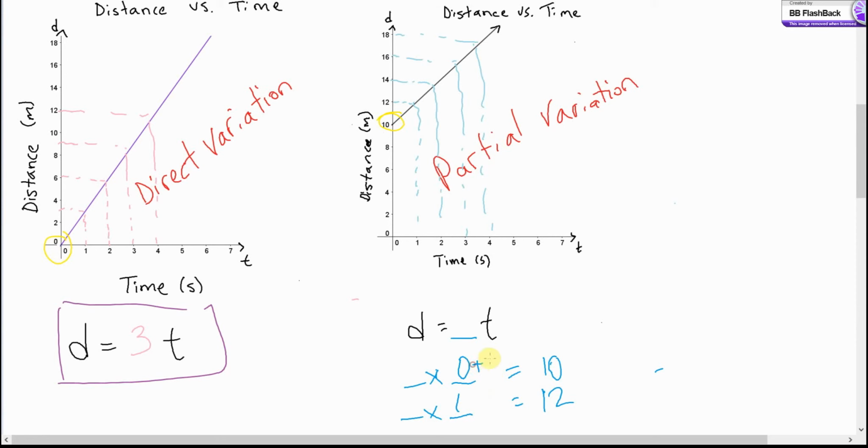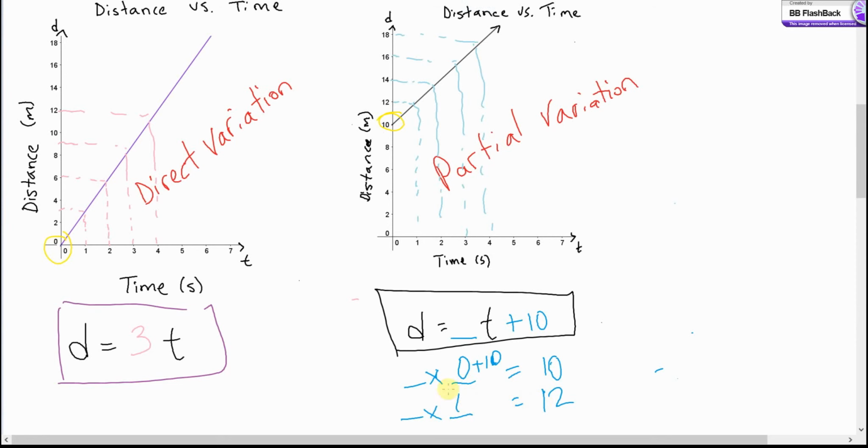What we actually need to do is have a plus 10. So we know this equation has to have a plus 10. Let's box this off because it's important. Okay, so at 1 second, the distance is 12.